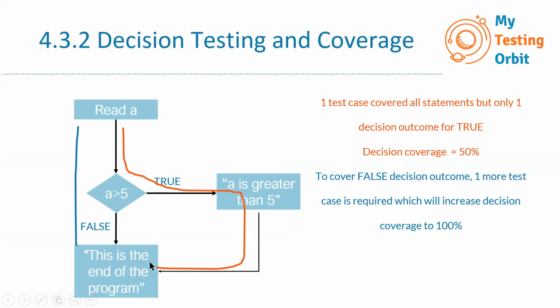This orange one is representing the one which we covered for statement as well as for decision, the true outcome. And now the blue one, the false one, which we ignored in statement testing because it's not required there. To cover the false decision outcome, one more test case is required, which will increase decision coverage to 100%. I hope it is clear what the difference is between statement coverage and decision coverage, and that these are not the same.